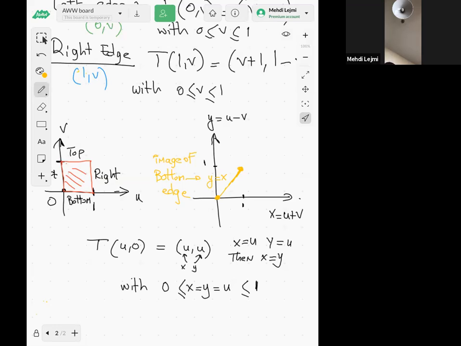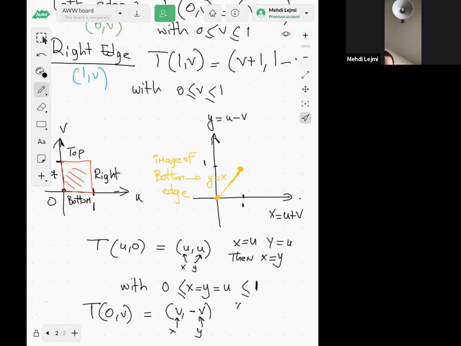Yeah, so for example, if you take the left edge, right? The left edge, we said its left edge is 0v, right? The image of 0v is v minus v, right? So this is supposed to be x, this is supposed to be y. So your x is equal to minus y, or y is equal to minus x, right?